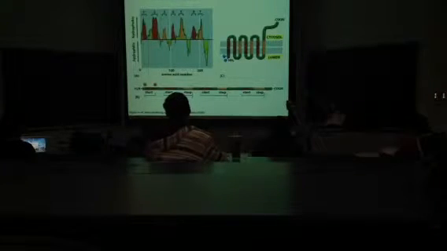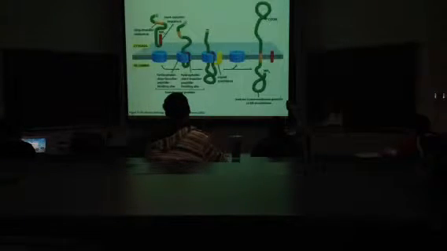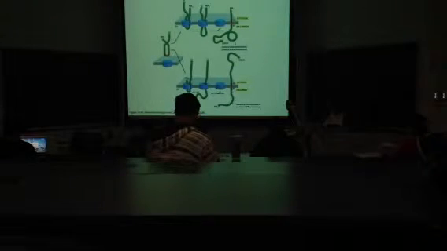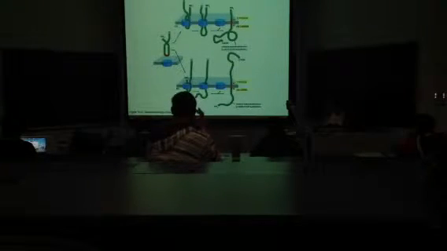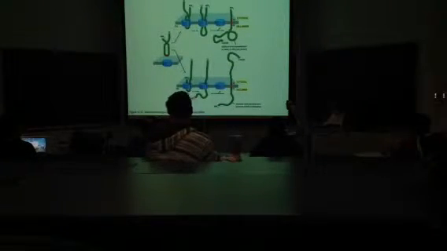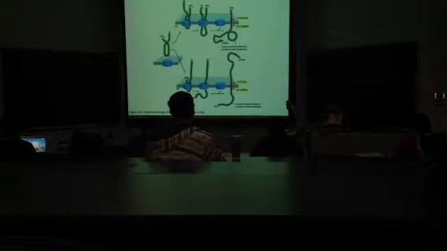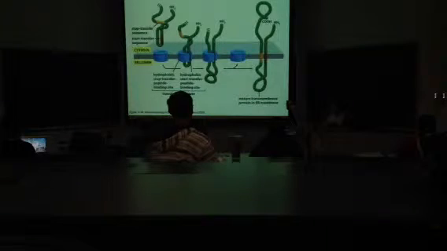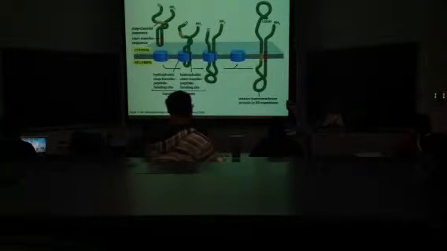Let's say you get a multipass protein. Sometimes all the way through as this is a transmembrane protein, sometimes entirely independent. But the one thing that each one of those that we just saw had in common was this signal peptide at the very end terminus, the part that was first made.